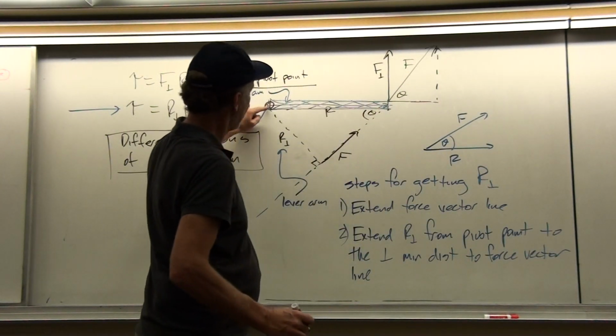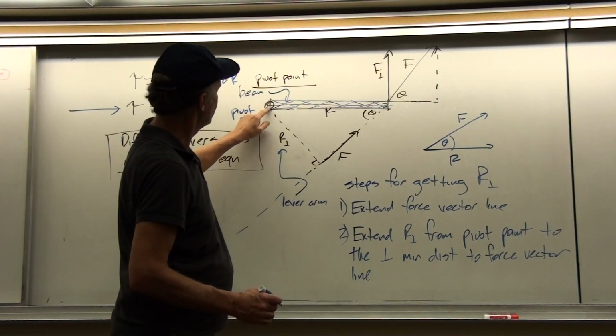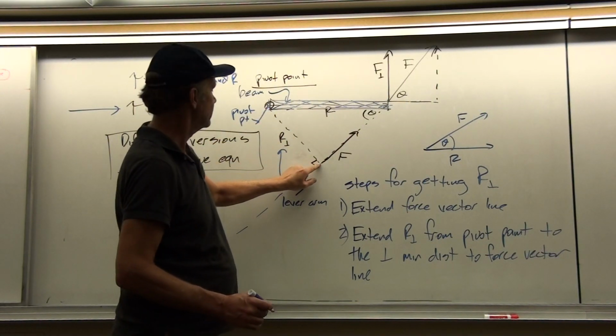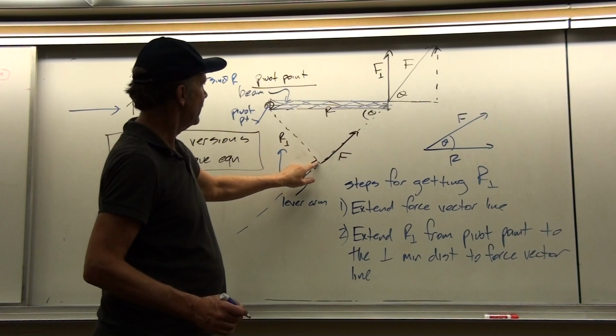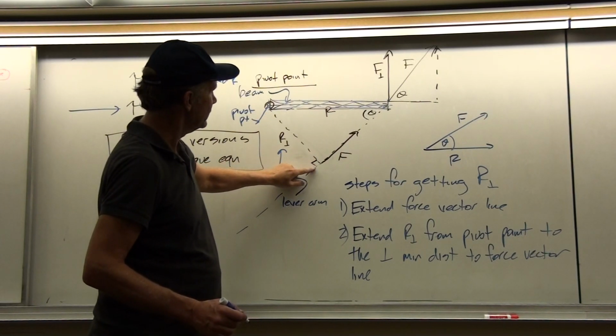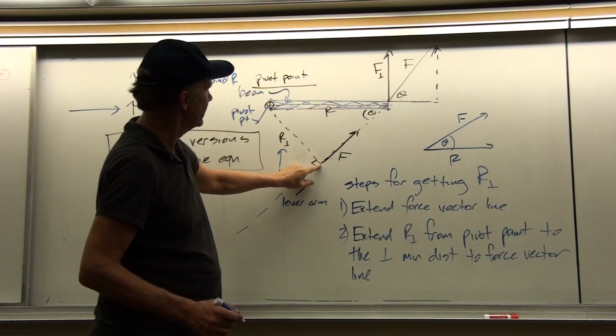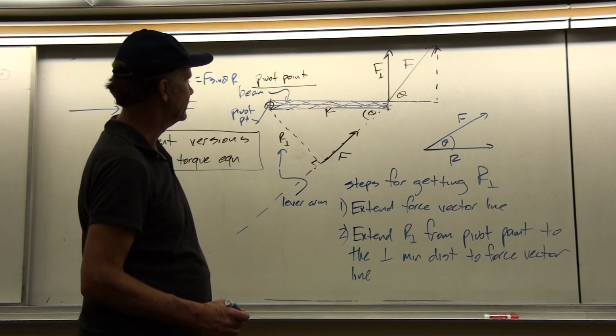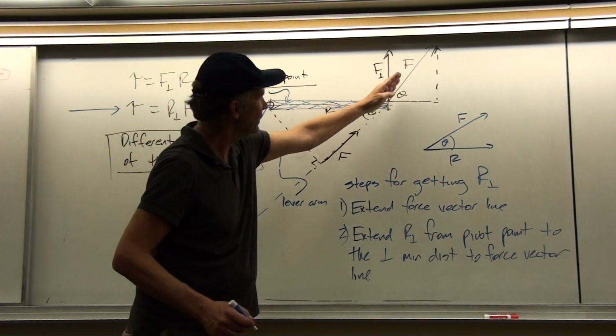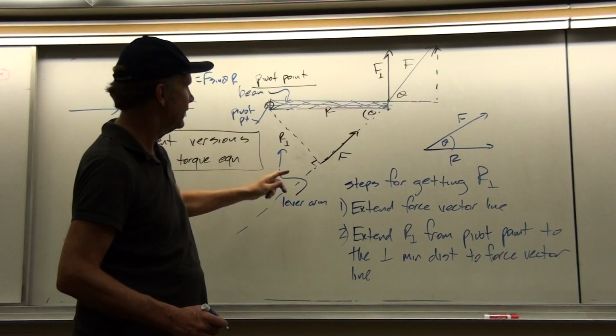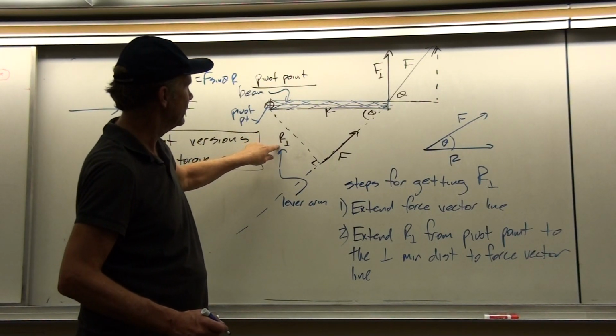So this path of minimum distance from the pivot point to the force vector line is going to be perpendicular. And it's the path of minimum distance, both. Okay, and so you just drop a perpendicular then, in other words, onto the force vector line. And that becomes your r perpendicular.